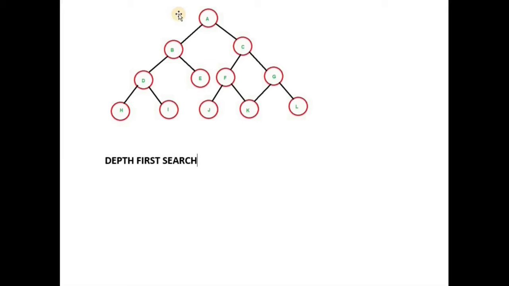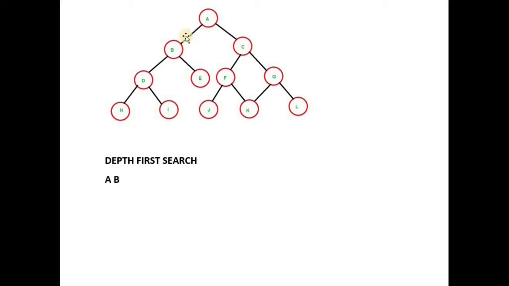So in the DepthFirst search, first I will select A. From A, which nodes can I visit? That is B and C. I can select any node you want, B or C. I am going to select B.